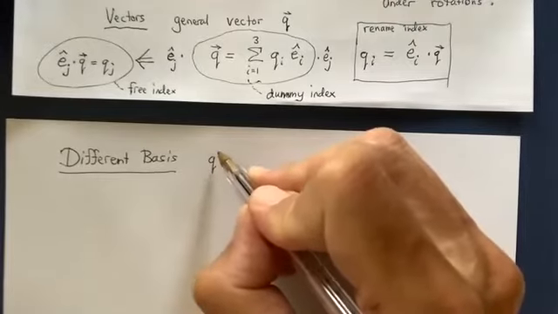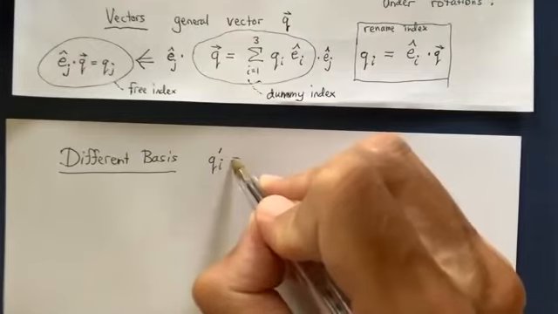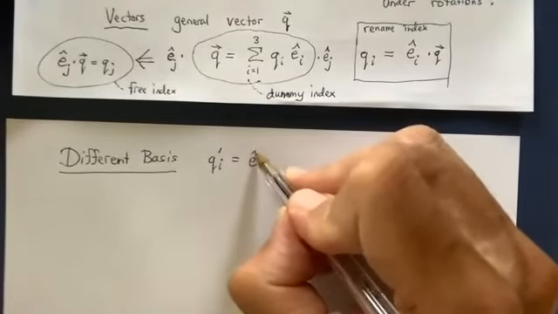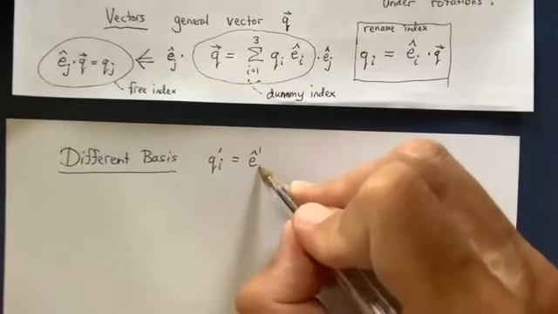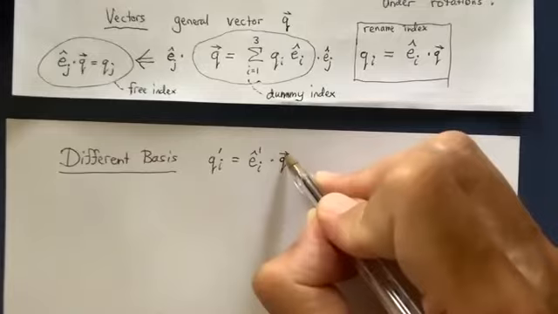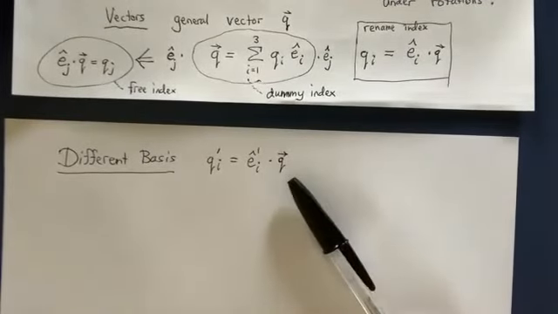So the new coefficients will be Q prime I. All right, dot product. Again, there's no change to the Q. That's why this is called a passive rotation. We're not changing the Q vector.